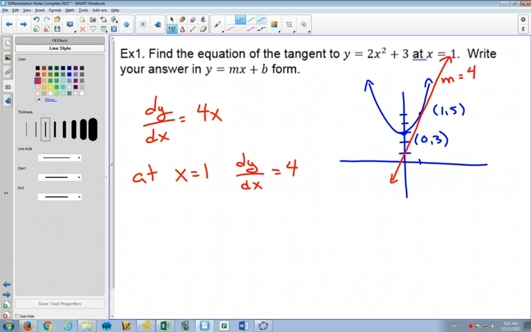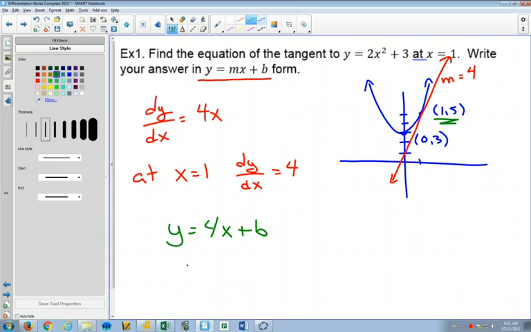Okay, so now we want to find the actual equation in y equals mx plus b form. What do we know already? We know that our slope is 4. The only thing we need to find is our b value. But we also know this point, 1, 5 is on our line.